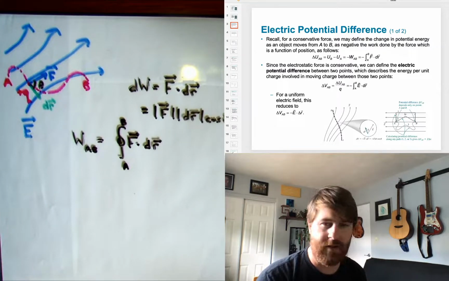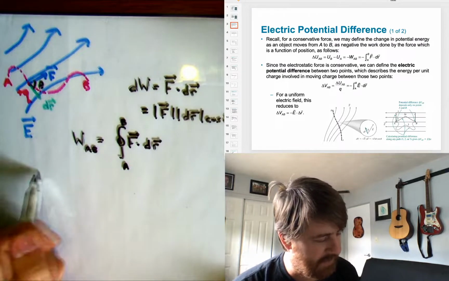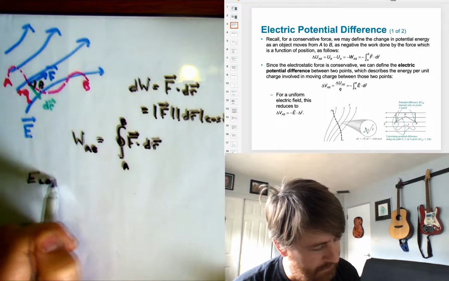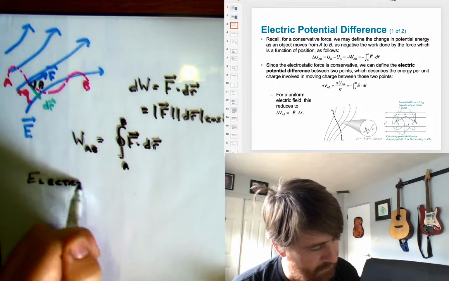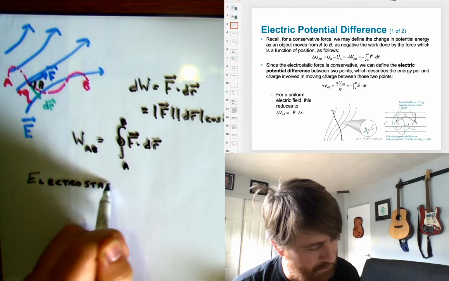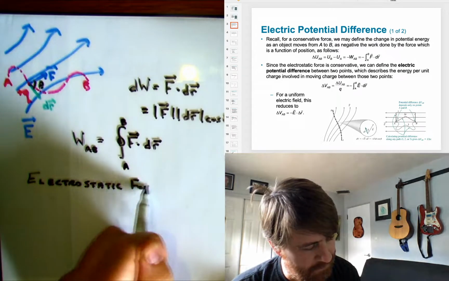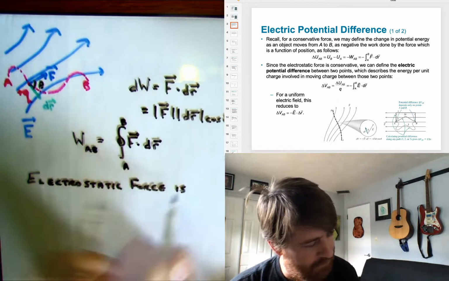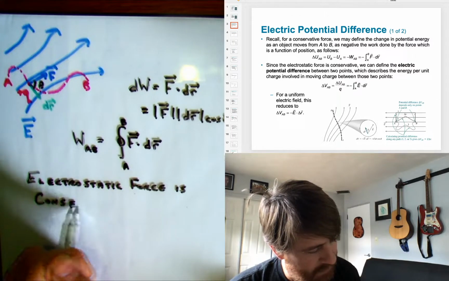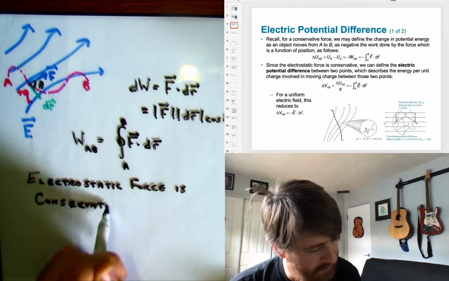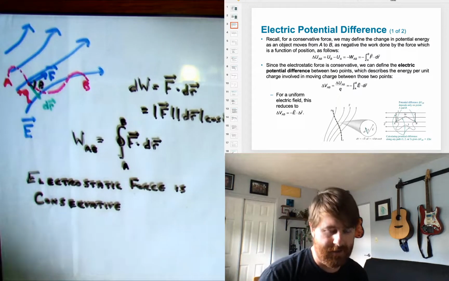Okay. Well, the electrostatic force is conservative. So that means that it doesn't matter which path I take.